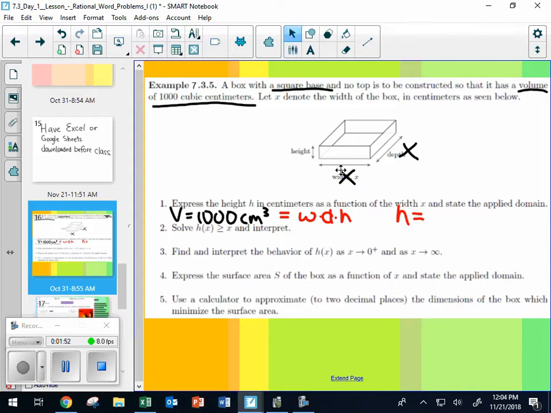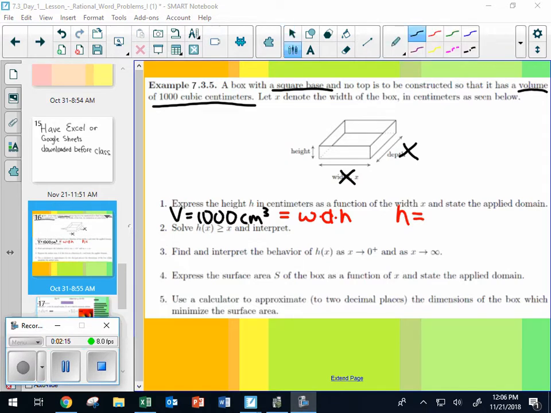So take 30 seconds, write this equation as h equals, with h as a function of x. I'll pause the video while you work. We've got some time. Row 6, person 2. Could you tell us what you got?